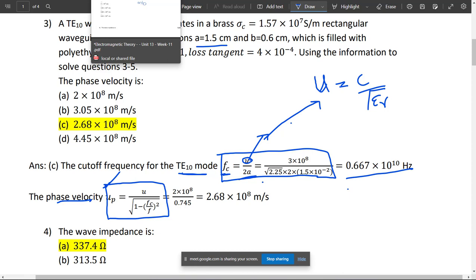There will be a group of waves which will have a bandwidth of wavelength. Different wavelengths will be there, different for different frequencies. So the phase velocity is the velocity for a single wavelength wave, and group velocity is defined as the velocity for a packet of waves in which the waves vary.